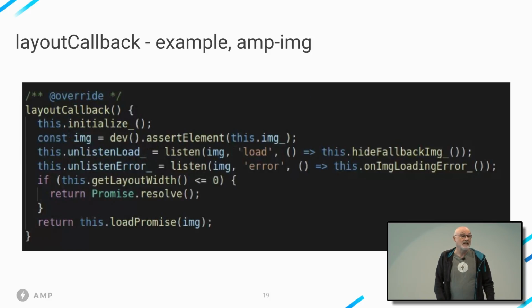We also created some listeners here. And I want to point out that we're not using add event listener. You see they're using listen image. That's a helper that the runtime is providing. A lot of these helpers exist because AMP runs in weird places.